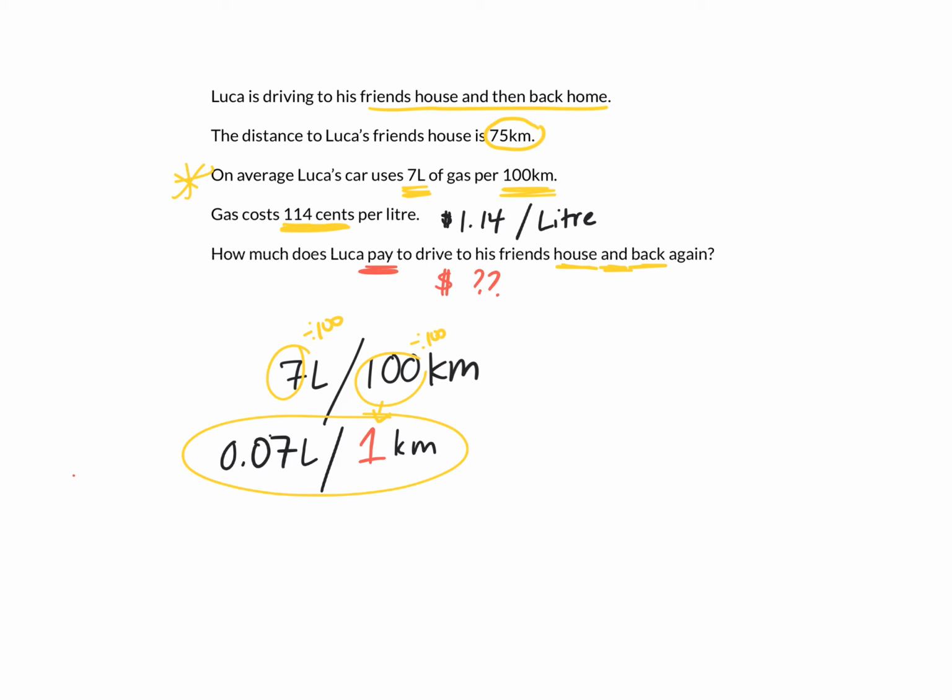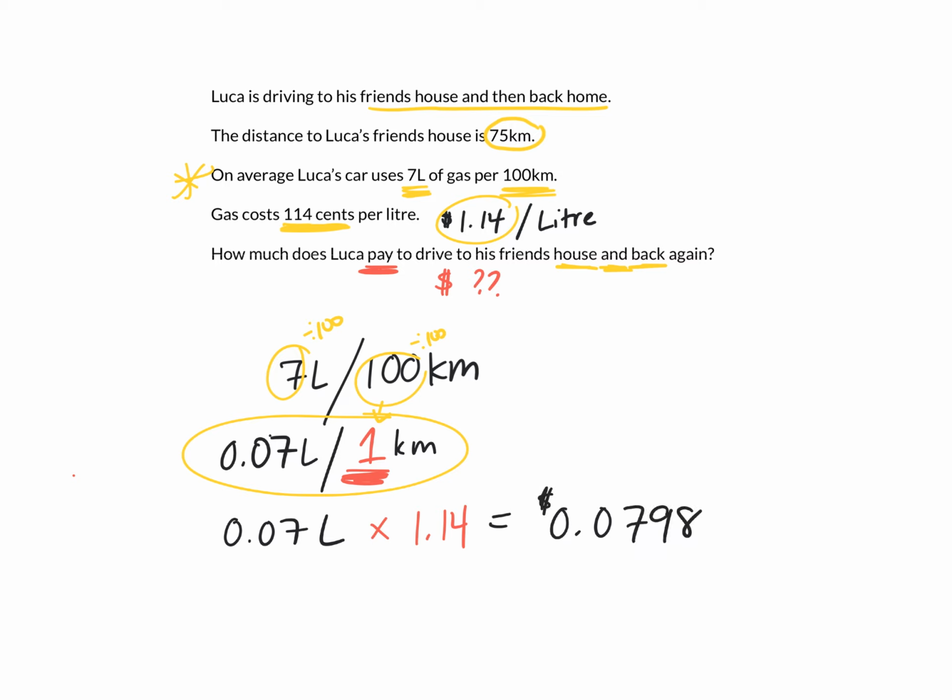Well, let's figure out how much that costs in gas. It's $1.14 per liter. Okay? So if he's using 0.07 liters, how much will that cost him to travel the 1 kilometer? So let's multiply the liters by the cost, 1.14, and we get 0.0798.